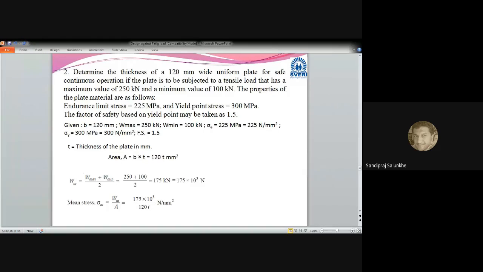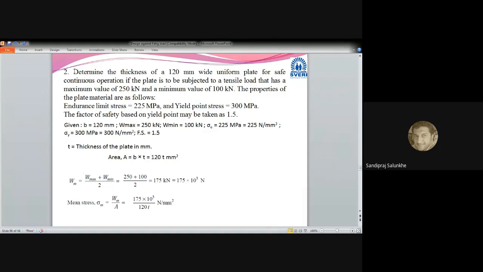Now, yesterday's problem, which we have seen, is to determine the thickness of a 120 millimeter wide uniform plate for a safe continuous operation if the plate is to be subjected to a tensile load that has maximum value of 250 kilonewton and minimum value of 100 kilonewton.